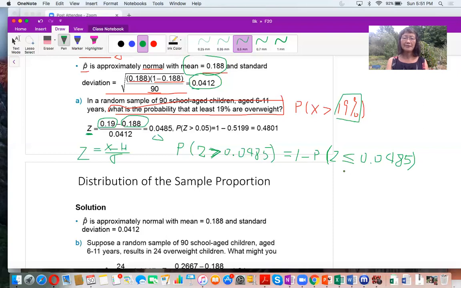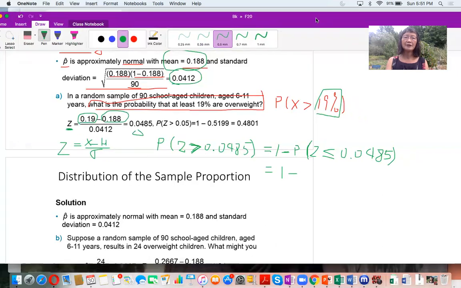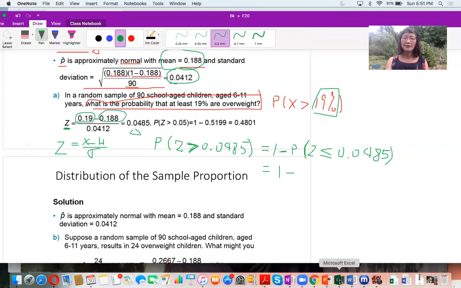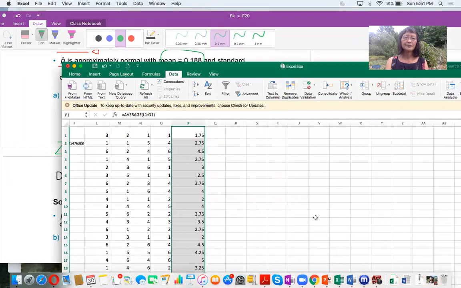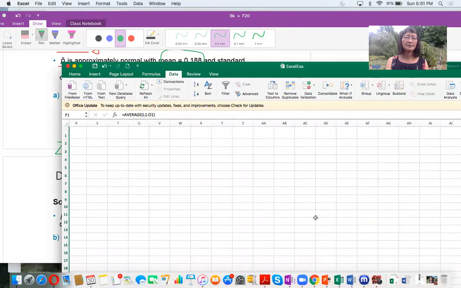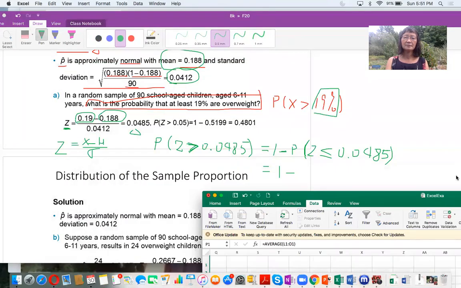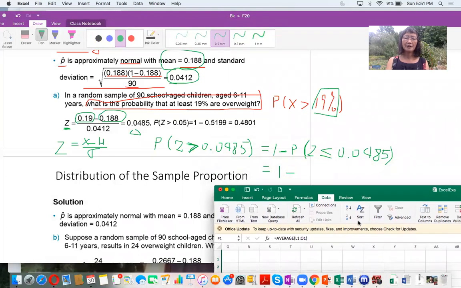Use complement event, 1 minus. So now let's figure out what is the probability of Z smaller equal to 0.0485. You can use the table. Maybe the easiest way is to use Excel. I'm going to use Excel to do it.